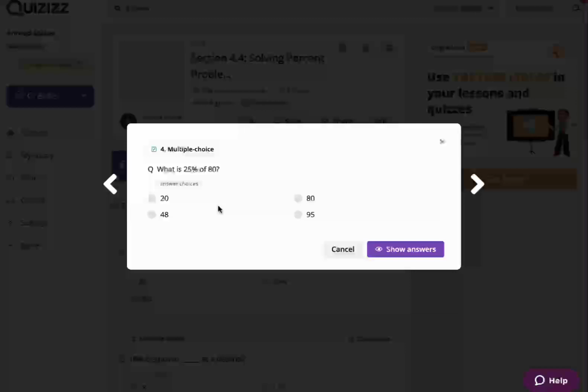Let's move to the next question. Mustafa? What is 25% of 80? As a fraction, what is 25% in the simplest form? 1/4. So we need to find 1/4 of 80.